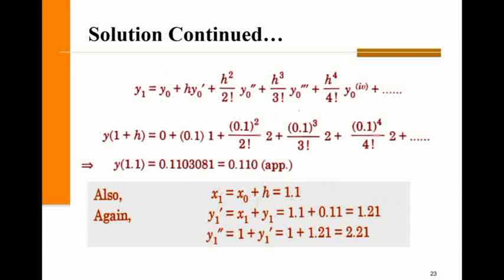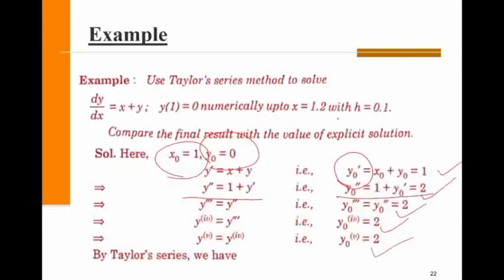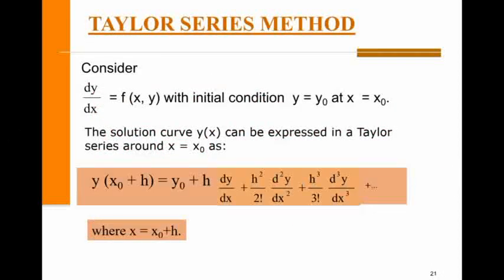So as per the formula which we have written here, see again, this is your formula. Now here x naught plus h is known to be x1. So y at x1 is y1. So this point we have taken as y1, whereas this is y0. Now if we calculate the value of y dash at x0, we will get y0 dash. If we calculate the value of y double dash at x0, we will get y0 double dash, and so on.